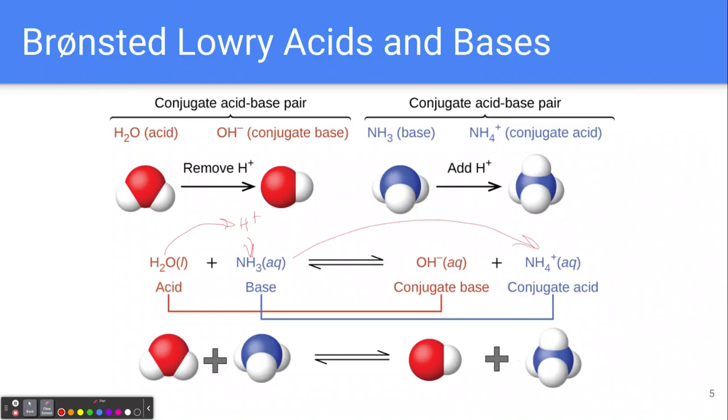And so since HOH lost a proton, it's now just OH minus. And so we get water as an acid turning into hydroxide. So acid, conjugate base. And then our base, which is our ammonia, now adds a proton. And so once it adds a proton, it is now called the conjugate acid.